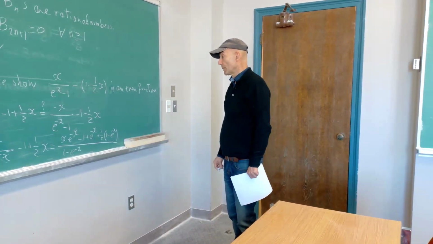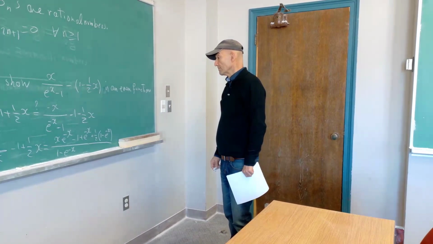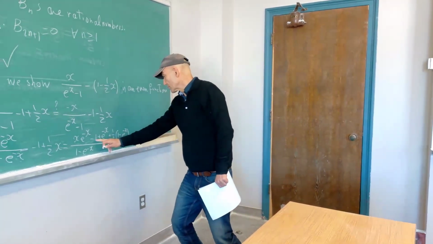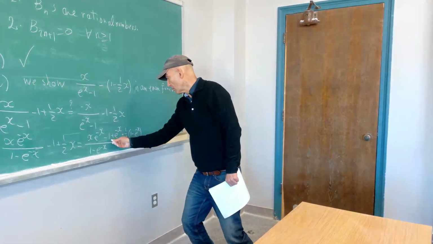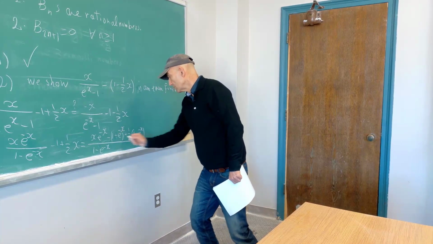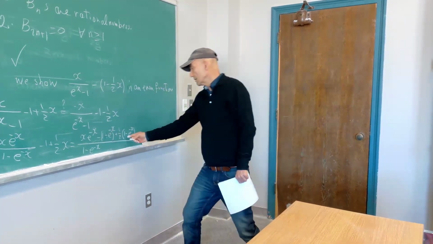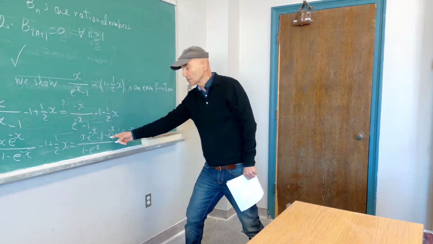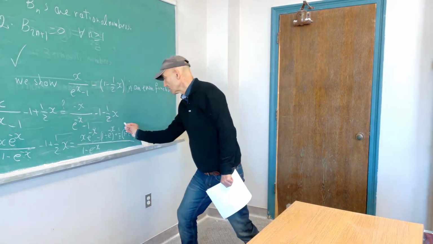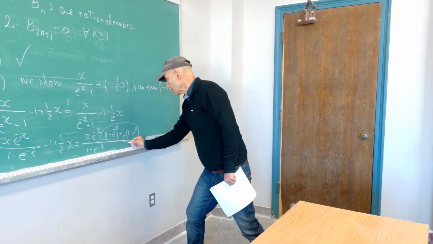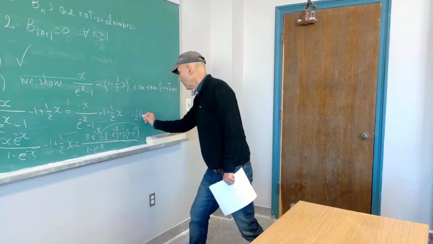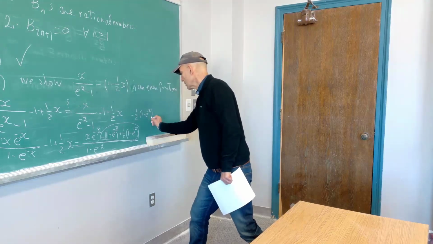So what happens now? Well, I can just write it as negative 1 minus e to the minus x, right? And then this simplifies, it just gives me negative half of, so this whole thing is negative half of 1 minus e to the minus x.